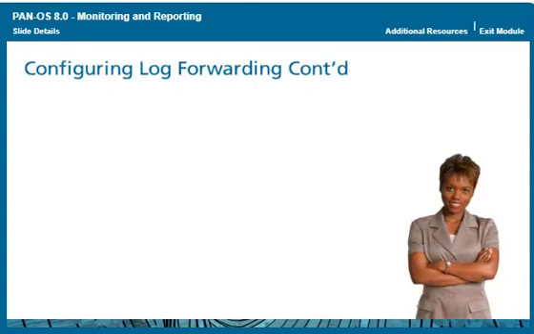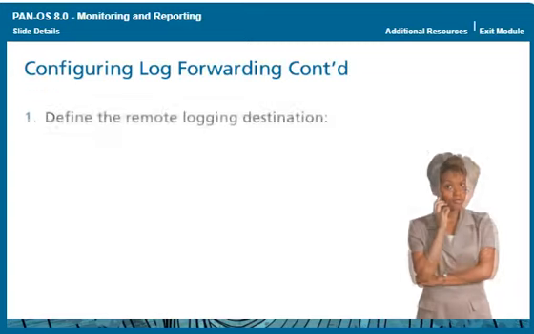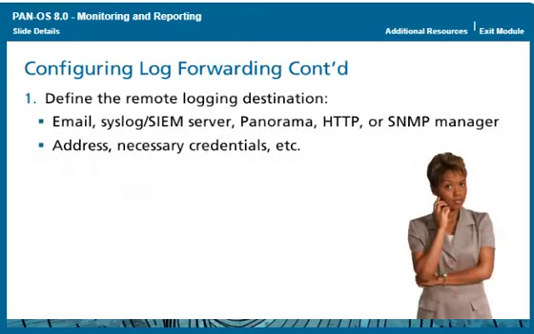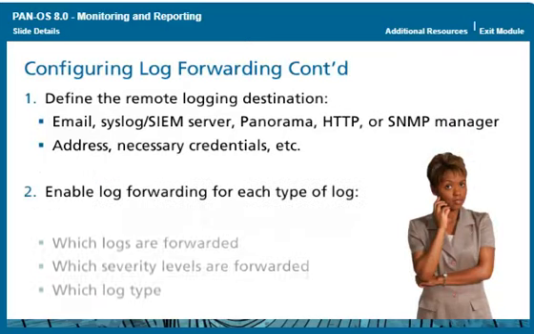To forward log data to an external service, complete these tasks. Configure the firewall to access the remote services that will be receiving the logs. Configure each log type for forwarding.